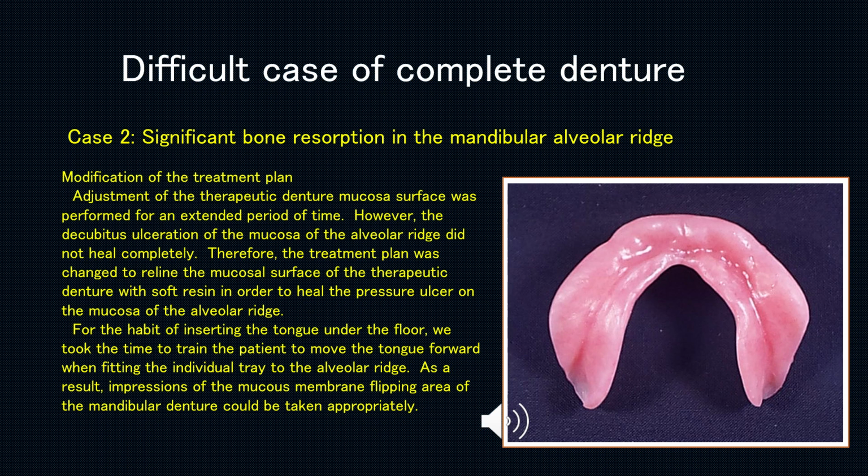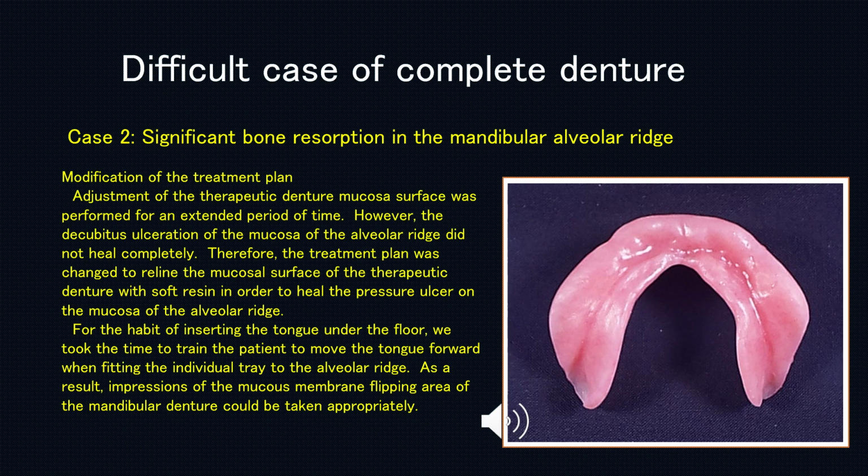However, the decubitus ulceration of the mucosa of the alveolar ridge did not heal completely. Therefore, the treatment plan was changed to reline the mucosal surface of the therapeutic denture with soft resin, in order to heal the pressure ulcer on the mucosa of the alveolar ridge.